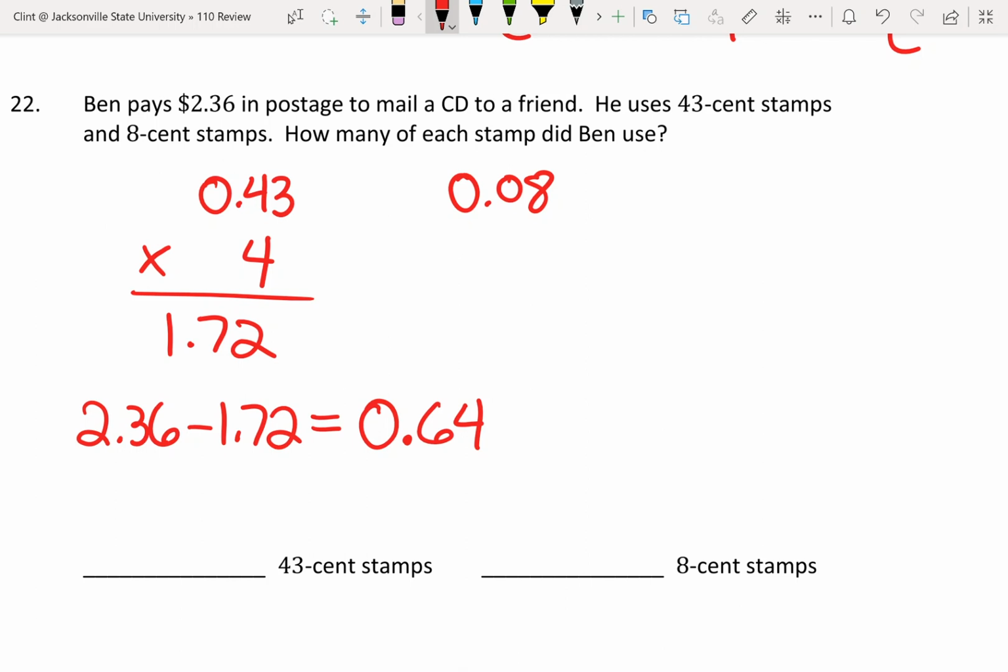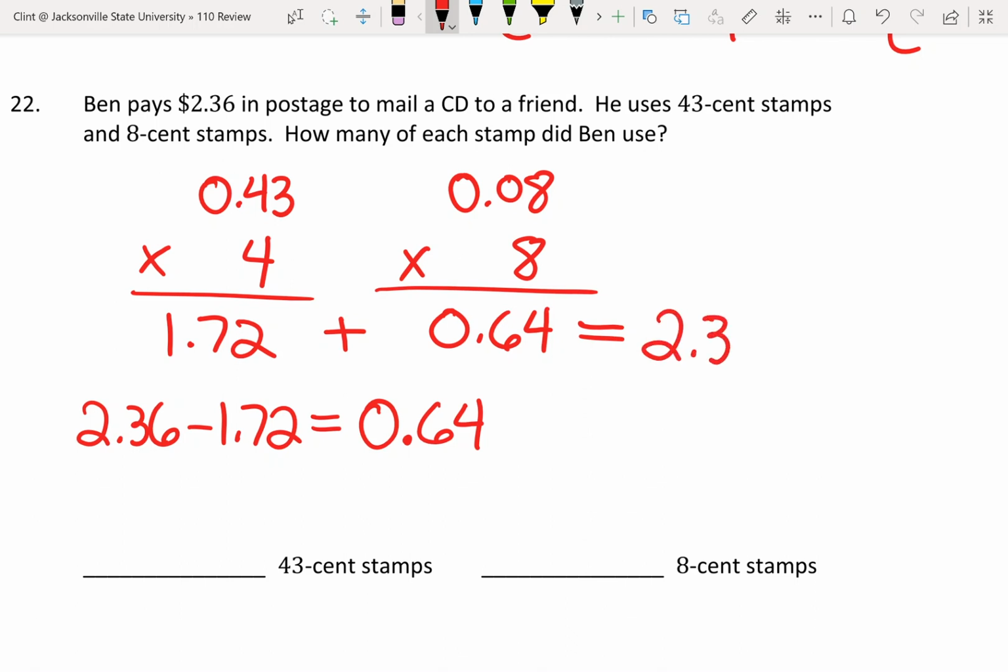And if you divide that, 8 will go into 64, and it goes in 8 times. Double check it to make sure. $1.72 plus 64 cents, we get $2.36. So that works. So I had 4 of the big stamps, 8 of the small.